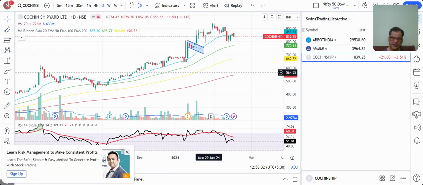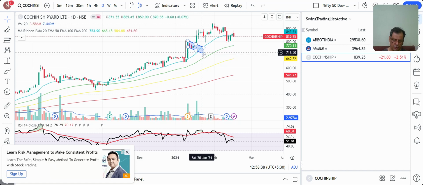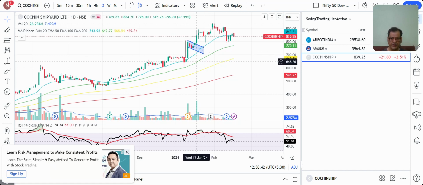See, this flag pattern is very, very tight. The tighter the flag and the shorter the consolidation, the better it's supposed to be theoretically.